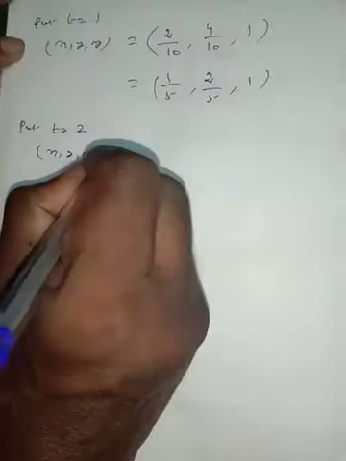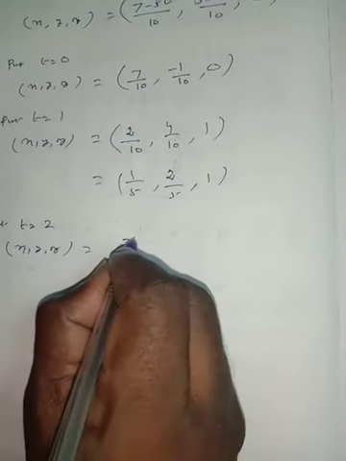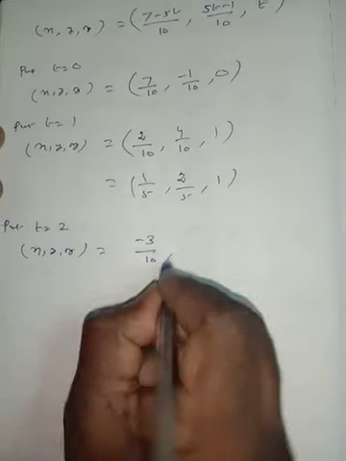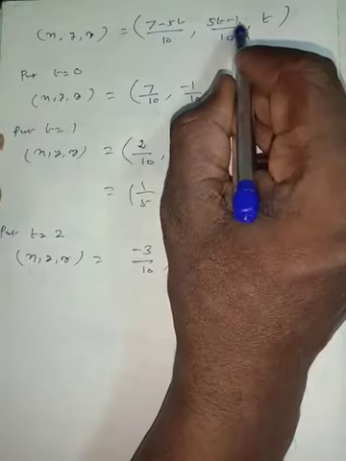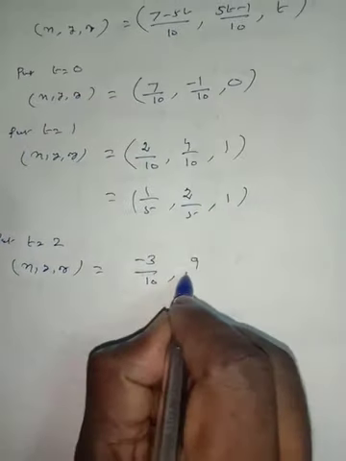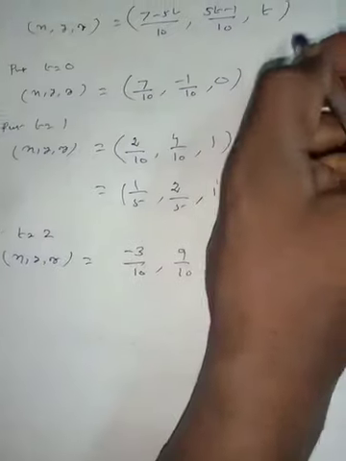Put t is equal to 2, x, y, z is equal to 7 minus 10, minus 3 by 10, comma, 10 minus 1 is 9, 9 by 10, comma, 2.